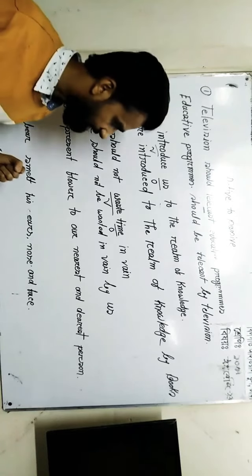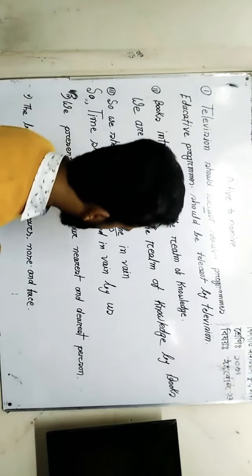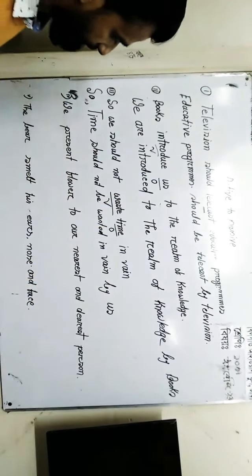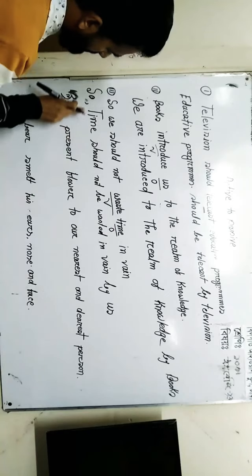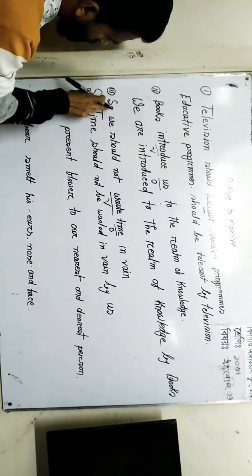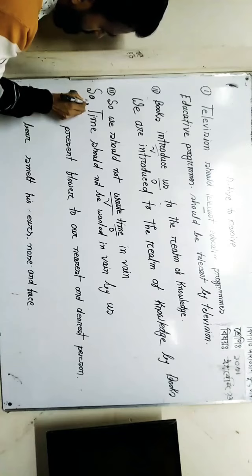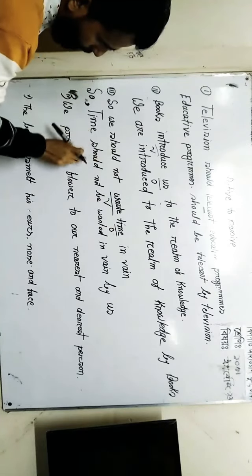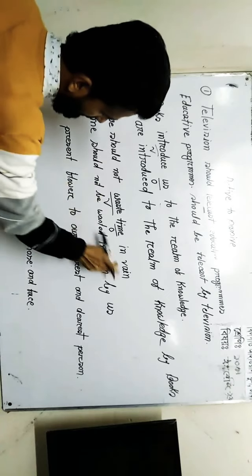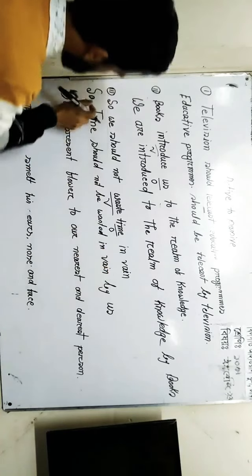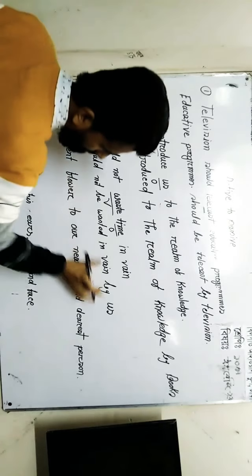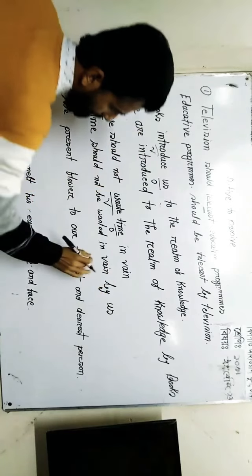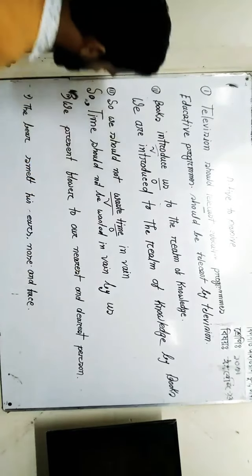If we miss the object, we cannot make the passive voice. So time is the object, and I have to write down time in the first place. So time should not be wasted in vain. You have to keep the by, should be made by us.